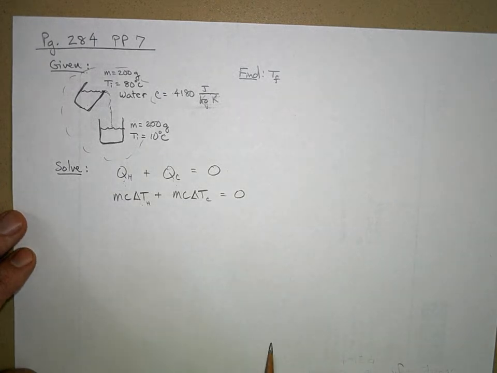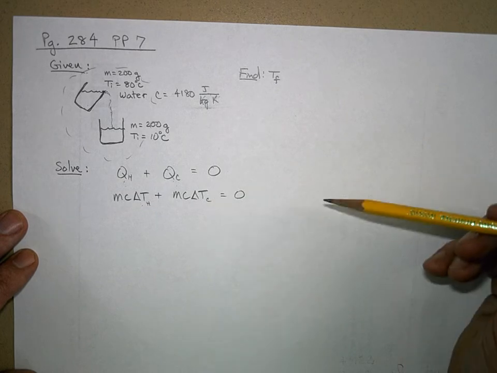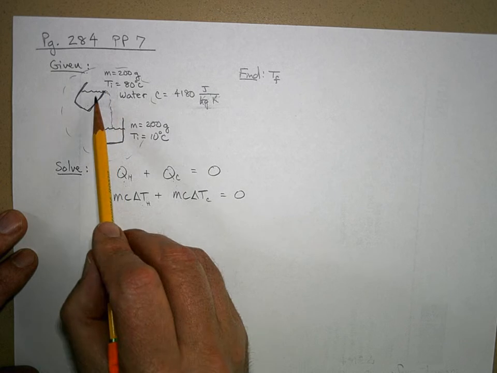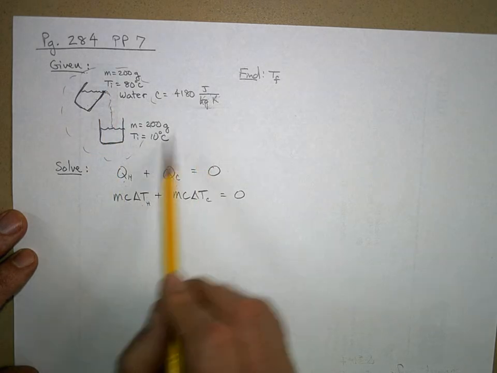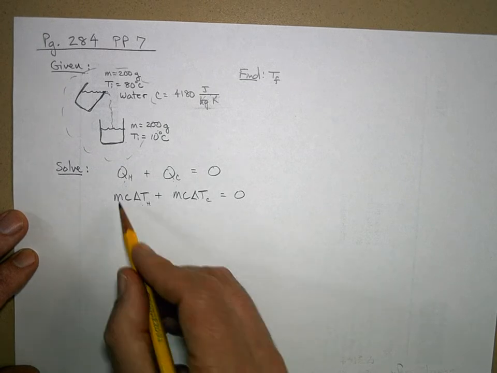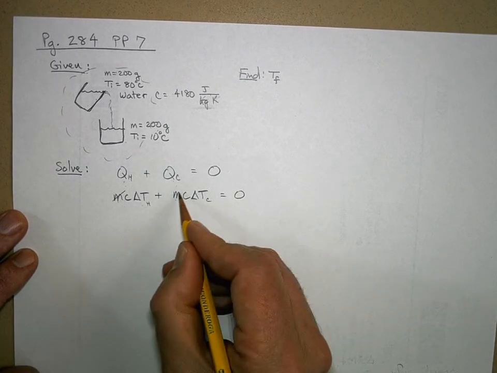Now, the nice thing about this particular problem, as opposed to ones that you might have on an exam, is that this is almost too simple for what I would put on an exam. The mass of the hot water and the mass of the cold water are the same, so I can divide both sides by the mass, and it will go away.